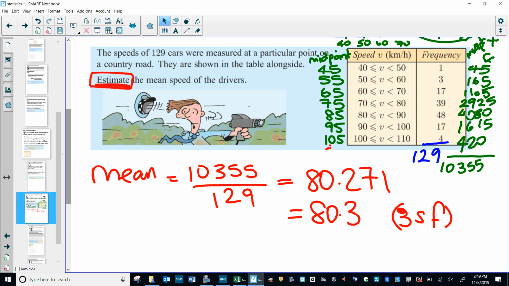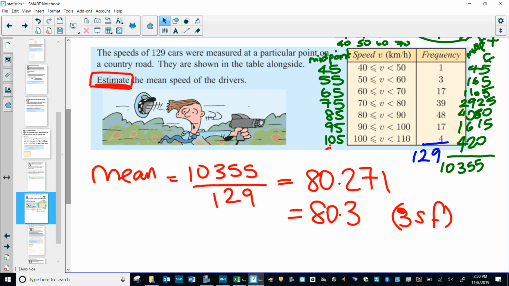We know that these three were between 50 and 60. We don't know the actual value. So this one could have been 41, it could have been 40, it could have been 50, 49. These three could have all been 50, or they could have all been 55, they could have been 51, 57, we don't know what they are. And so that's where the word estimate comes from.